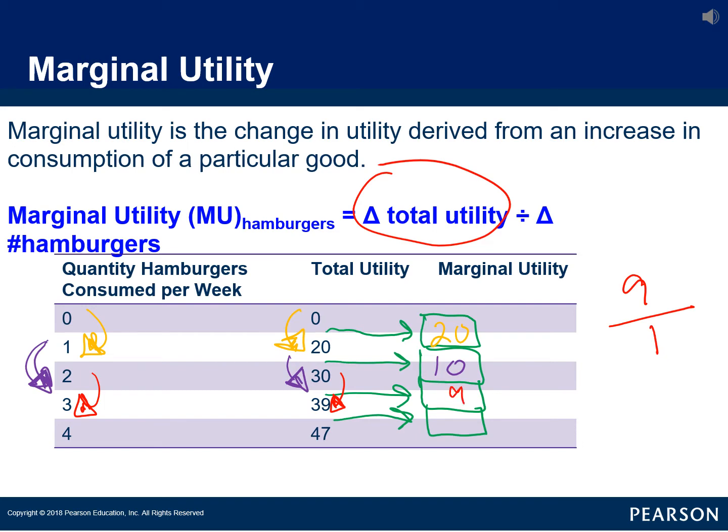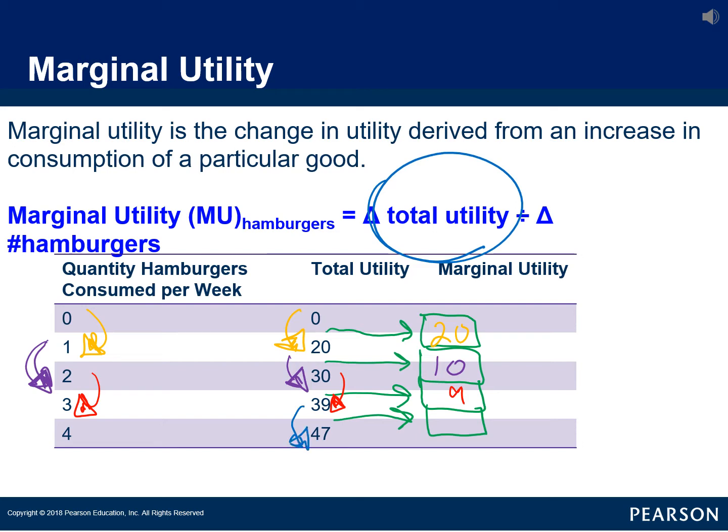And then finally, we have our total utility from 39 to 47. That's a difference of 8. And we're going from 3 to 4. That's a difference of 1. So our marginal utility is 8.